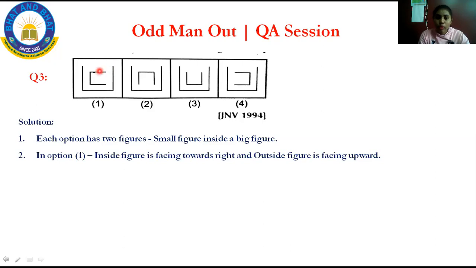In option 1, the inside design is facing towards the right side, and the outer design is facing upwards. This is the first analysis.